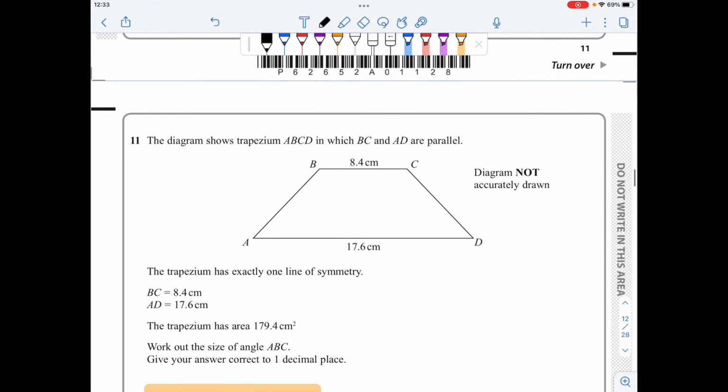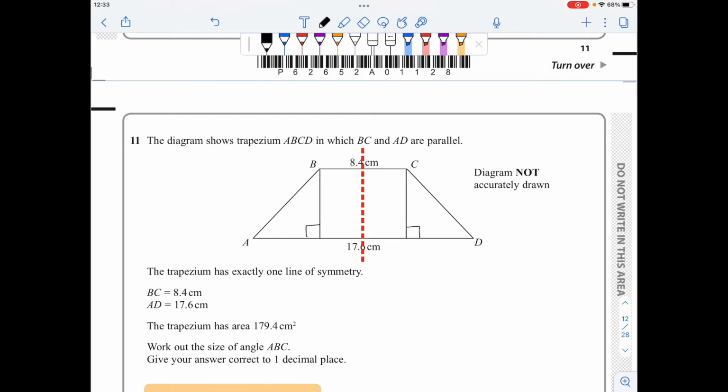Now I'm being told that this trapezium is isosceles because it has one line of symmetry. Here it is. Now if I draw perpendiculars from B and C to form right angle triangles, this is what I get.